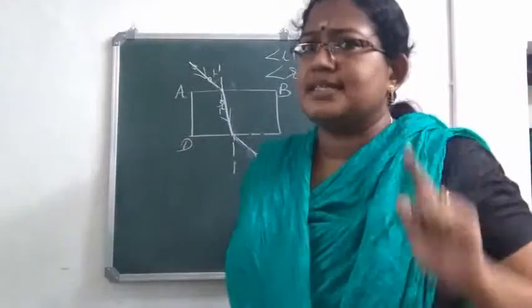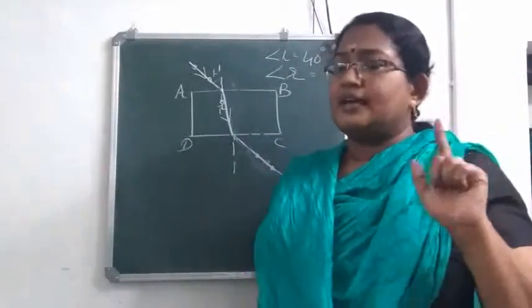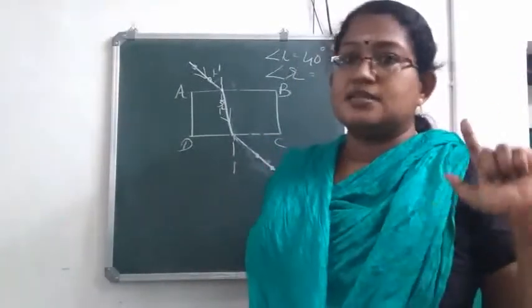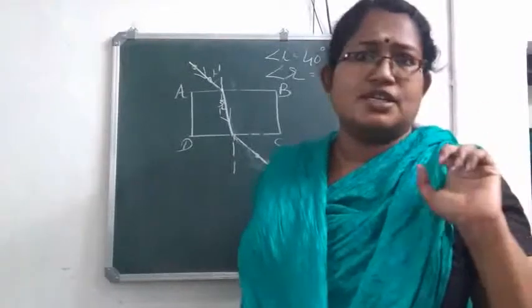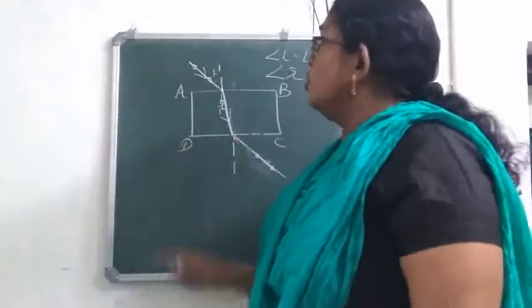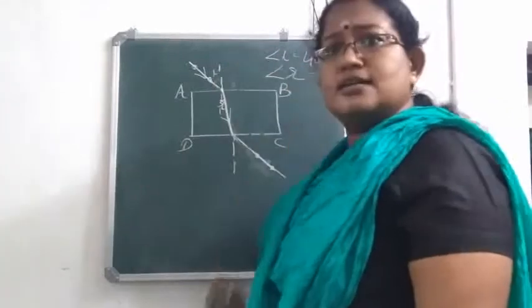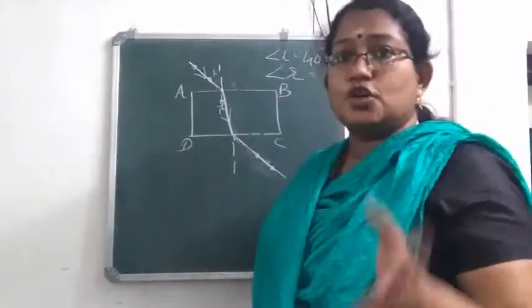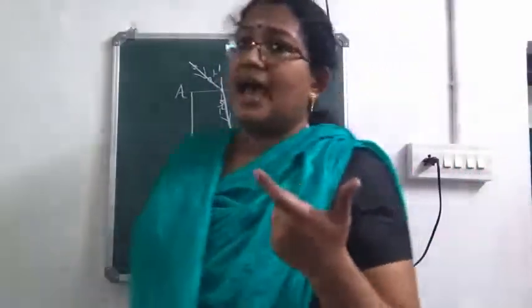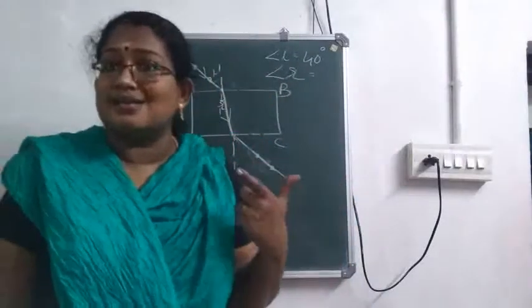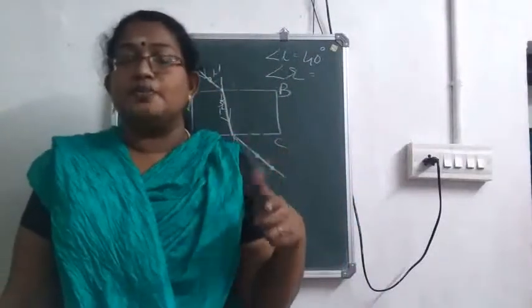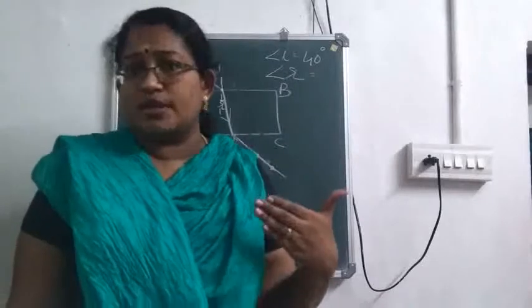Now which was our second law? The ratio of sine of the angle of incidence to sine of the angle of refraction is a constant, isn't it? So we know that angle I is equal to 40 degree. So we have the Clark's table, and from that you will be getting the values of trigonometric relations.